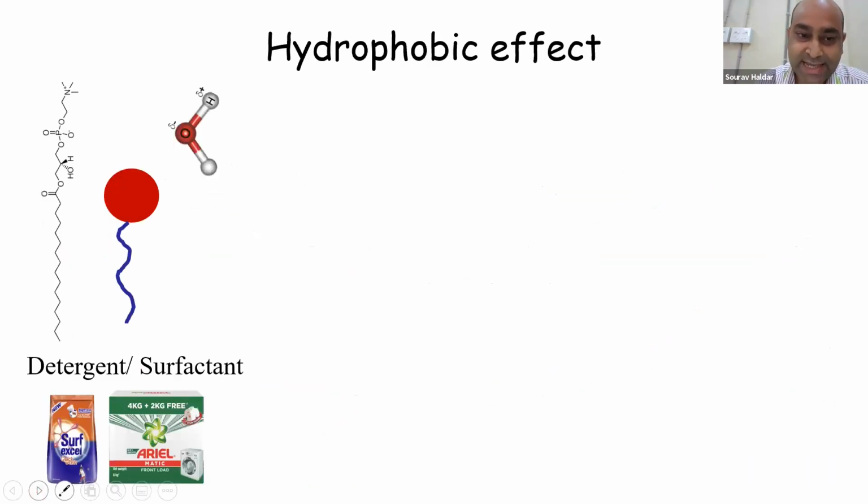So as I said, when there are molecules which have a part which can interact favorably with water molecules, as well as parts which cannot interact favorably with water, a unique situation arises.